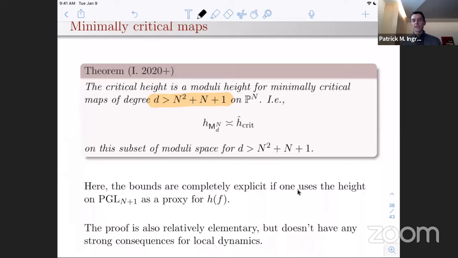This is not a fundamental thing; I don't think it's false for d smaller, but my proof does not work for d smaller. But here's at least one larger, higher dimensional family of semi-natural endomorphisms of Pn for which you can establish this conjecture of Silverman's.